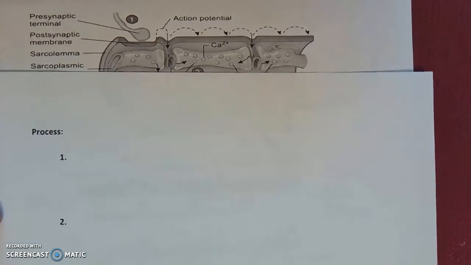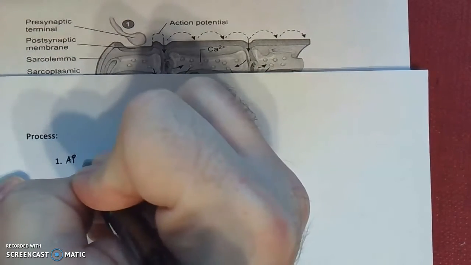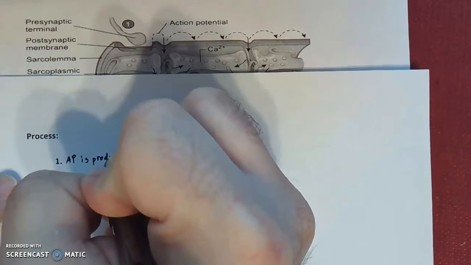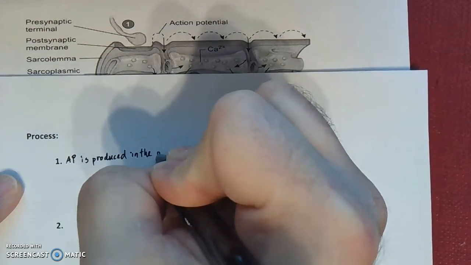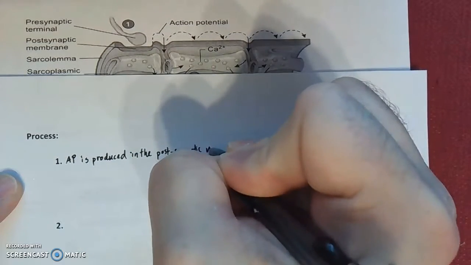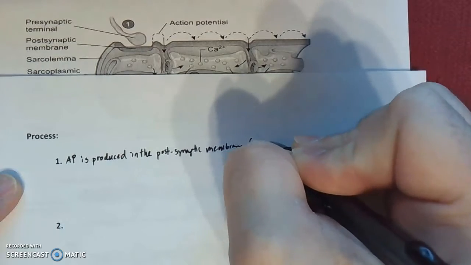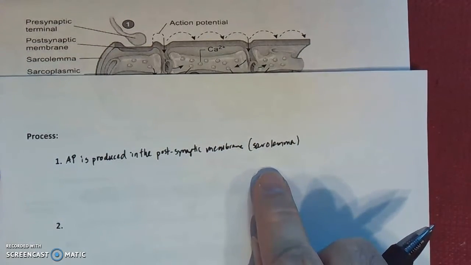So with this process, number one, the action potential is produced in the postsynaptic membrane, and that would be the sarcolemma, or the muscle cell membrane.